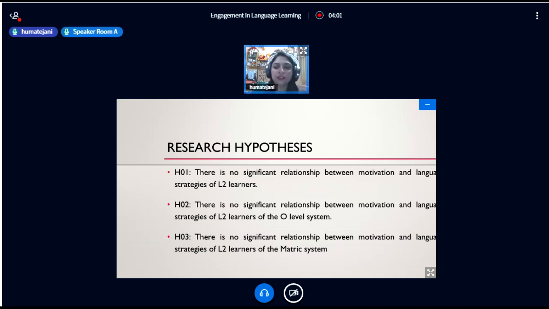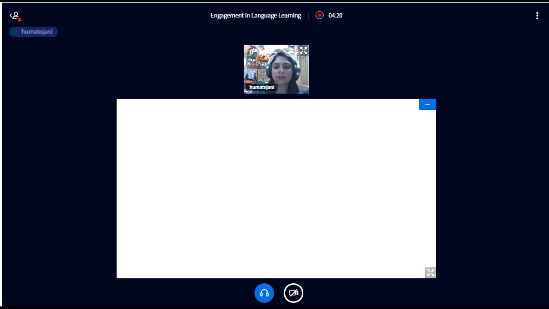There is no significant relationship between motivation and language strategies of L2 learners. There is no significant relationship between motivation and language strategies of L2 learners of the O-level system. And there is no significant relationship between motivation and language strategies of L2 learners of the MATRIC system.